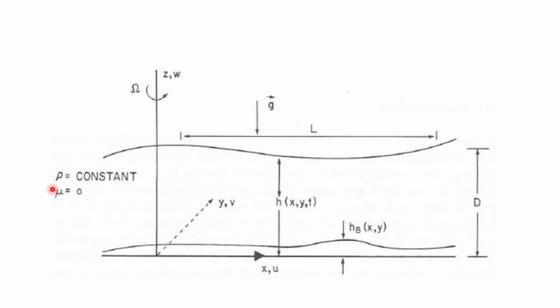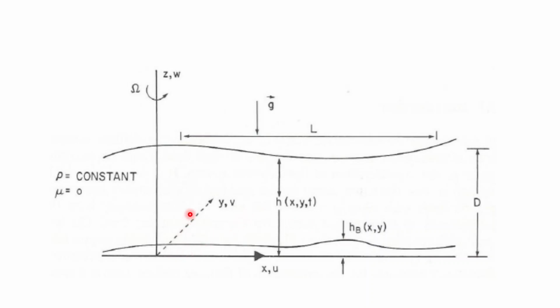The shallow water has constant density, with viscosity equal to 0, and it is rotating, with characteristic horizontal length scale L and vertical length scale D. The depth of the water is H. Here it has a lower topography, like in the ocean.